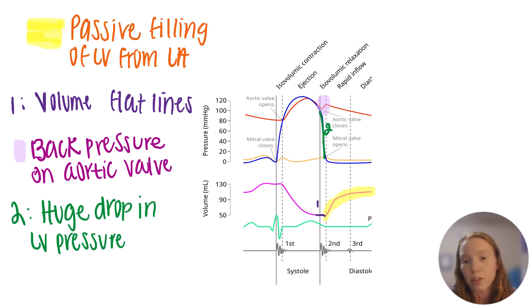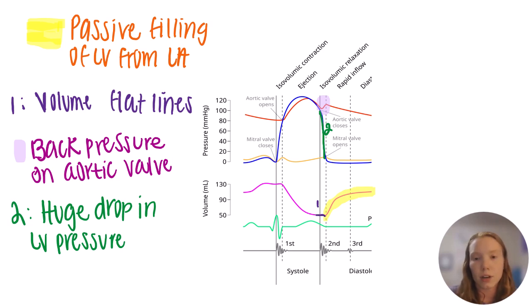There's no blood leaving the ventricle, and we have not yet started our filling process from the atrium into the ventricle. So our volume is completely flatlined because we're not changing. There's really no more contraction happening, because this is after the T wave, so the left ventricle is no longer contracting.